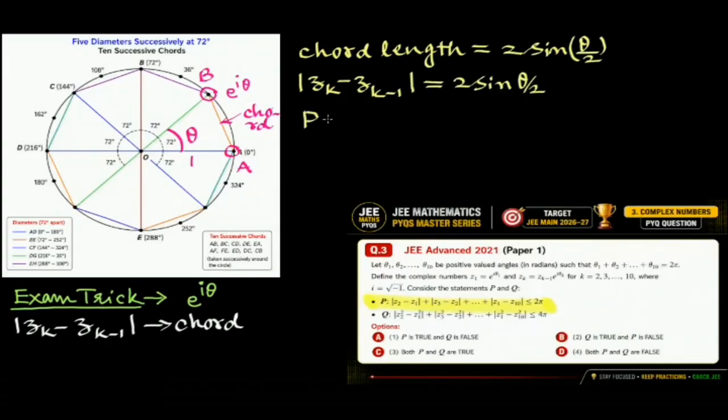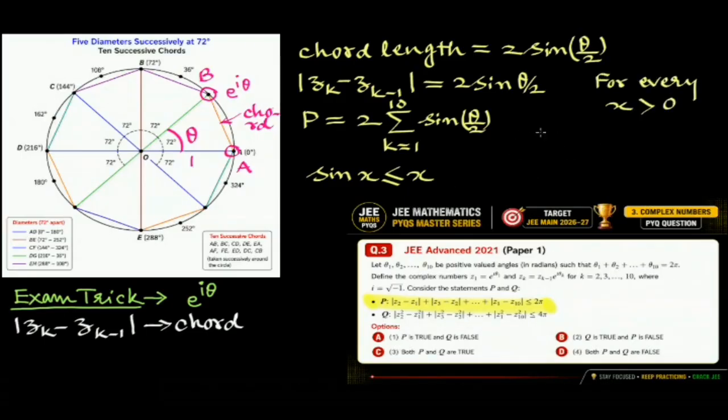Therefore, statement P equals 2 times summation k goes from 1 to 10 of sine theta k by 2. Now use the standard inequality sin x is less than or equal to x. You can test it with any standard angle: 0, 30, 60, 45, etc. Therefore, for every positive theta k, 2 sine theta k by 2 will be less than or equal to theta k.